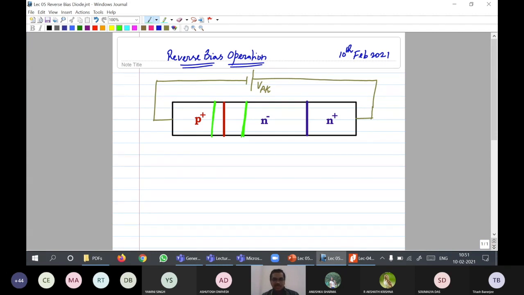Immobile charge carriers, that is the characteristic feature of a depletion layer. So this is the depletion layer. I have not drawn the charge carriers, but if you want me to draw, I will indicate that as well.